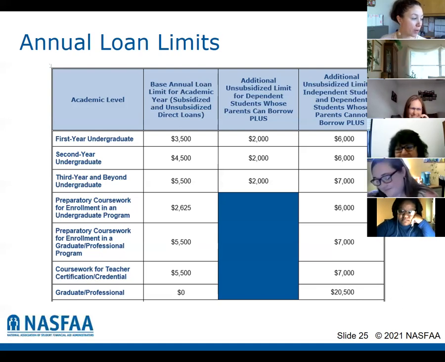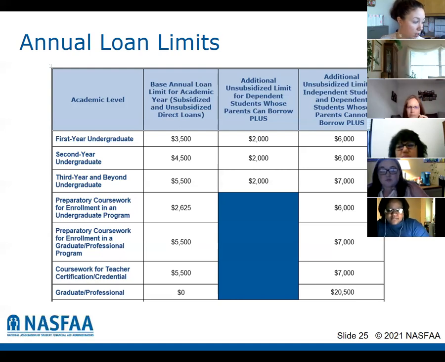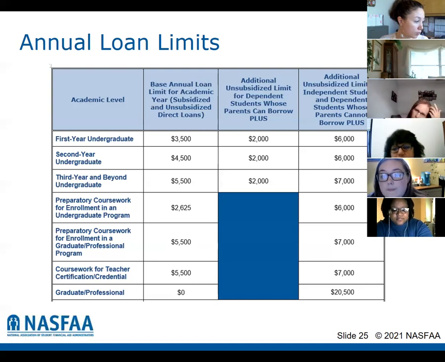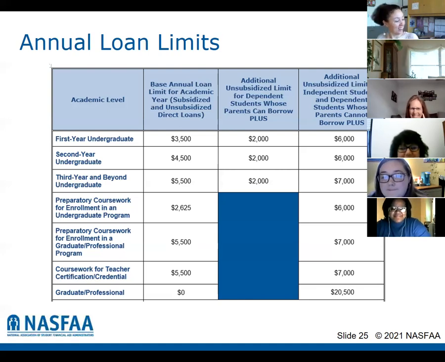All right. So it would be 9,500 they would become eligible for. Yes, 10,500 that they would be eligible for total if their parent was denied. And then 5 plus 7, 12,500.